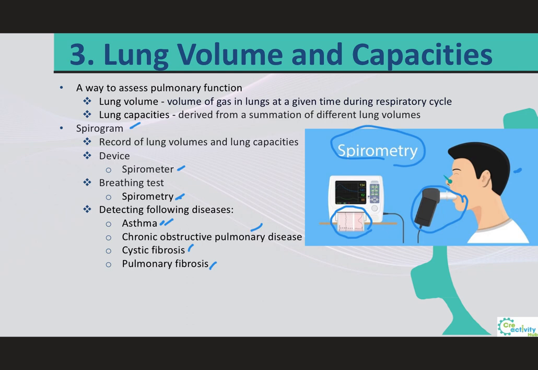With regards to chronic obstructive pulmonary disease, commonly known as COPD, this is a group of diseases that cause airflow blockage and breathing-related problems, and it usually includes emphysema, which is a lung disease that damages the alveoli of the lungs, and the primary symptom of emphysema is shortness of breath.